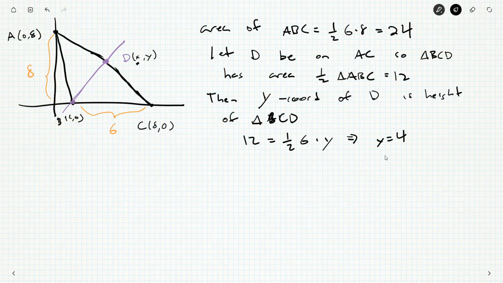Great. What about the x coordinate? What do we do there? Well, the line through A and C, or the line AC, has equation y equals negative x plus 8.